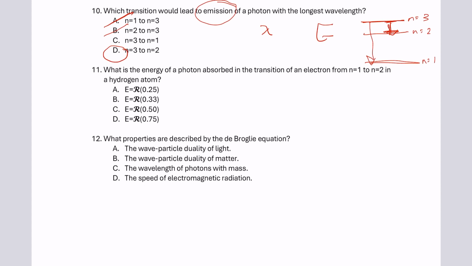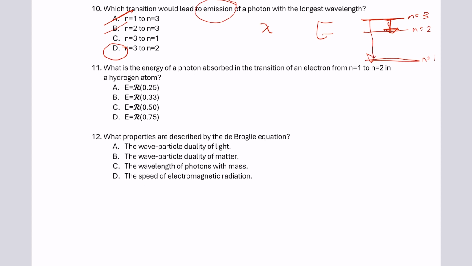Problem 11 says, what is the energy of a photon absorbed in the transition of an electron from n equals 1 to n equals 2? The Rydberg equation is going to help us calculate the frequency or energy of the photon that's involved in this transition. The equation for this is as follows.